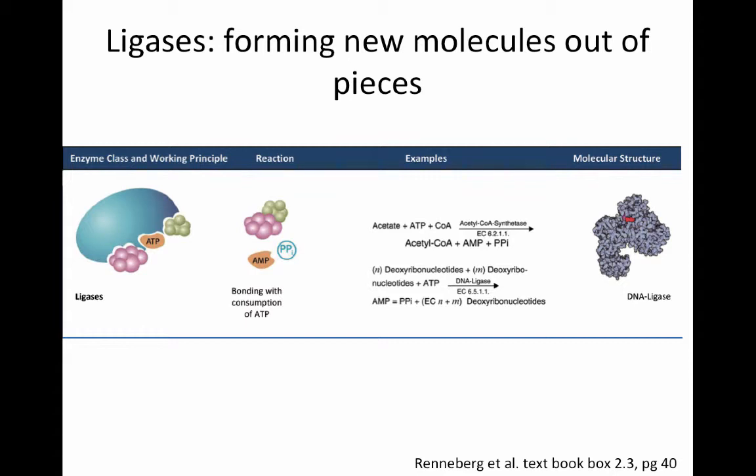These are similar enzymes that will polymerize and add beads of the string to form long DNA molecules or other long molecules. And so the way that this works is that the 2 pieces we want to join together fit into the active sites of this enzyme. ATP, the energy currency of the cell, is used and converted into AMP with an extra 2 phosphate groups to bridge these 2 molecules together.